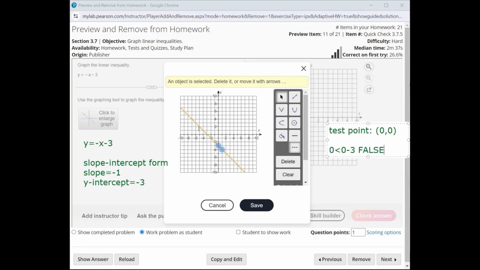Therefore, the half plane that does not include the origin should be selected, which is the half plane to the left of the line.